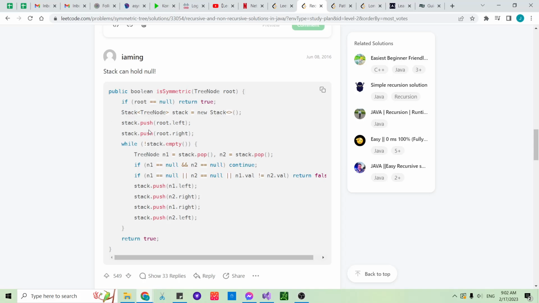If you have one stack, push left and right. When it's not empty, we pop both of them. Oh, that's exactly the same. Left and right, right and left. So that's the order they're pushing. They're doing left, left, right, right.